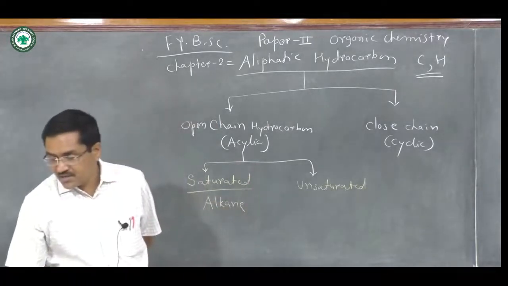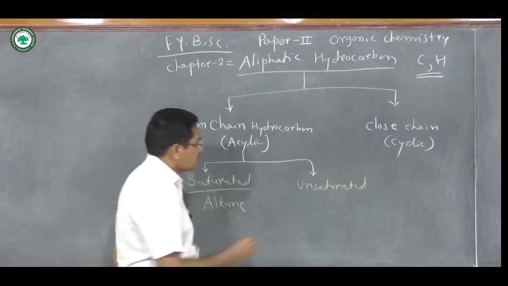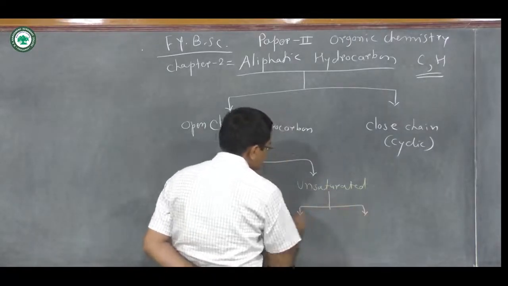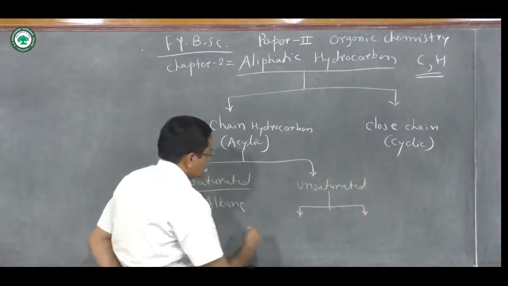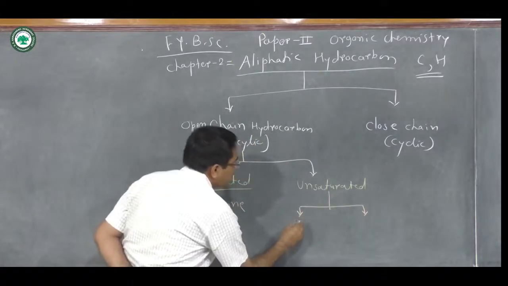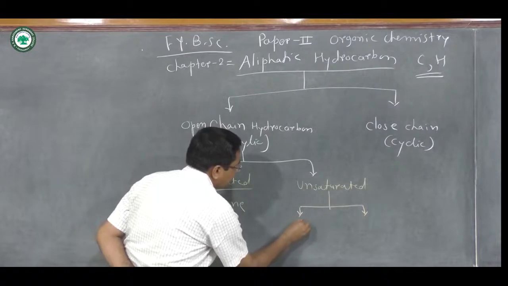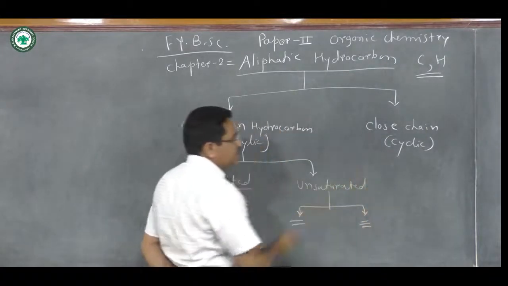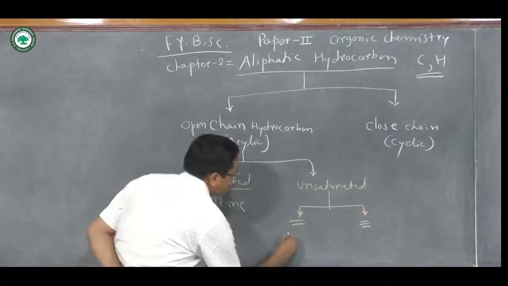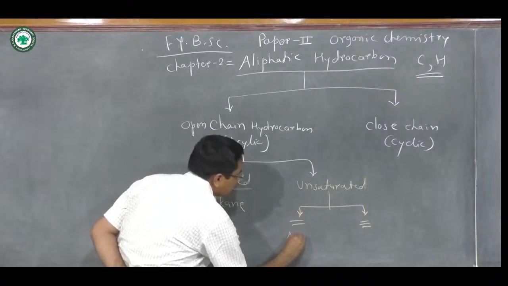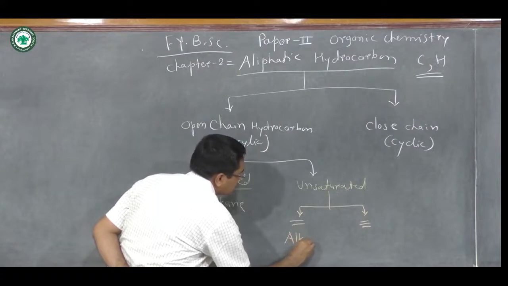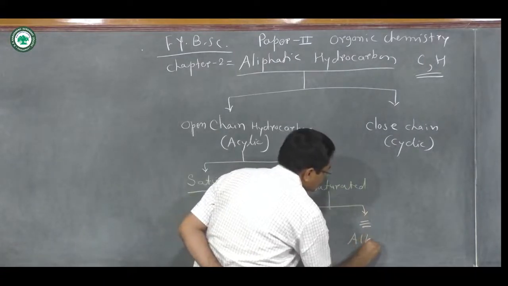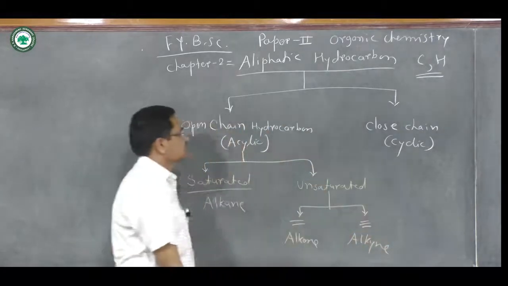Unsaturated hydrocarbon is again classified into two groups: the compound containing double bond and the compound containing triple bond. Example: alkene and alkyne.